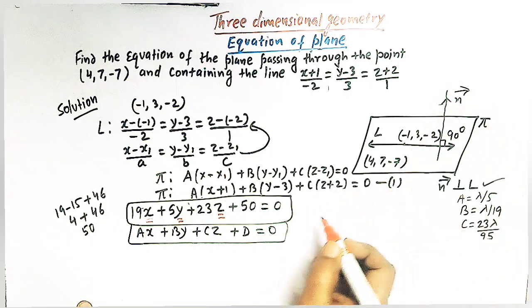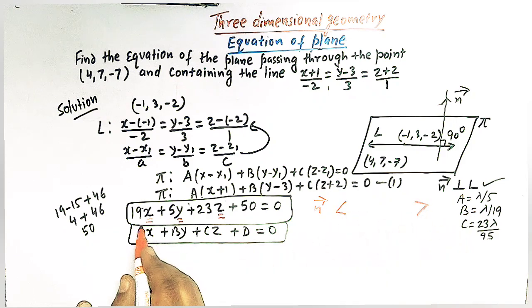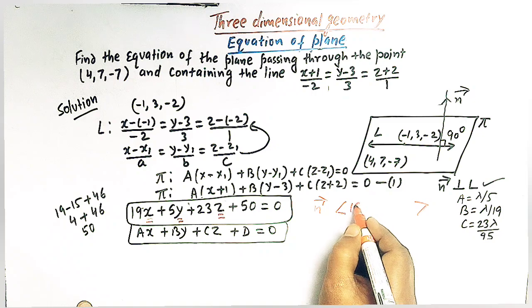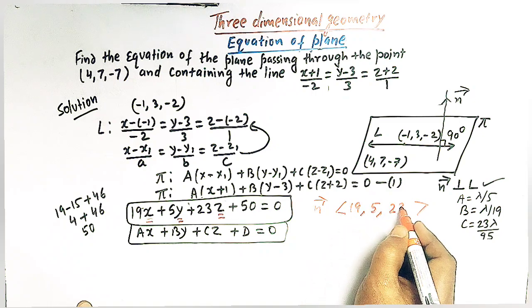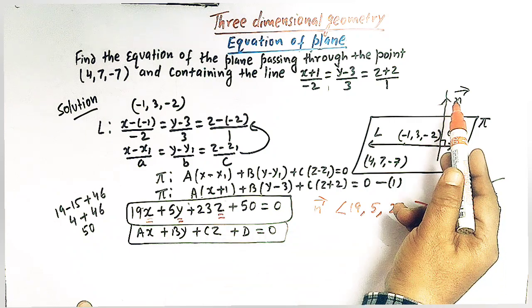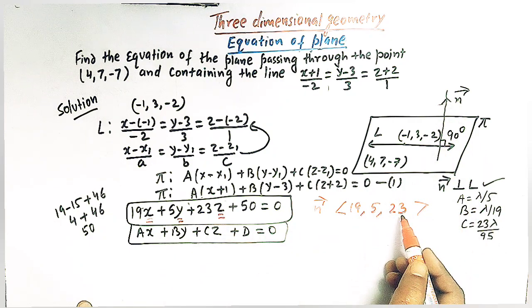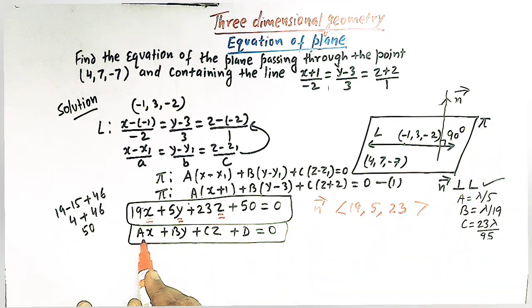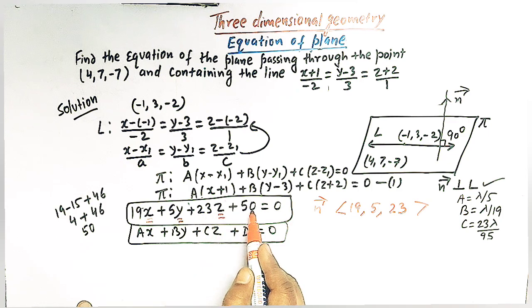So here the normal vector n has the direction ratios as the coefficients of x, y, and z, and here we have 19, and then we have 5, and here we have 23. So the direction ratios of the normal vector are 19 comma 5 comma 23, and the equation of the plane pi in this form is 19x plus 5y plus 23z plus 50 is equal to 0.